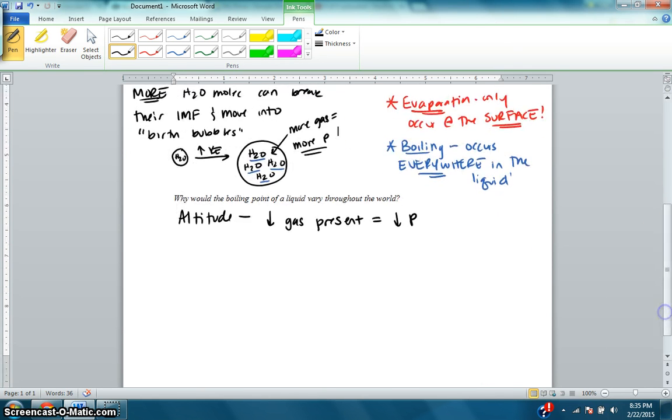If I'm on top of a mountain, I have less pressure pushing down than I do at sea level. So I may not have one full atmosphere. I maybe only have 0.8 of an atmosphere.